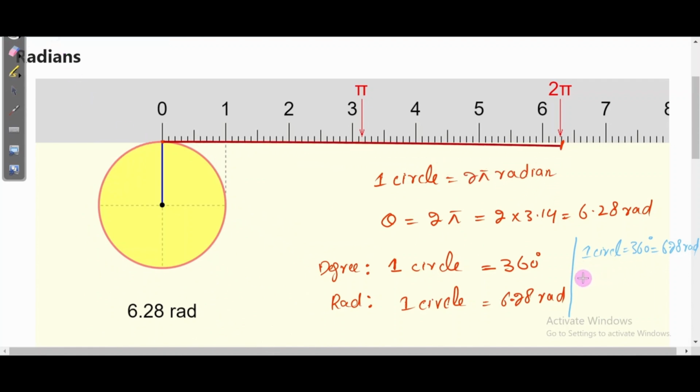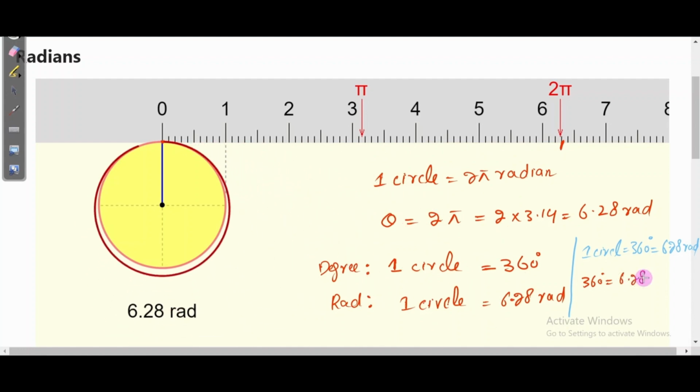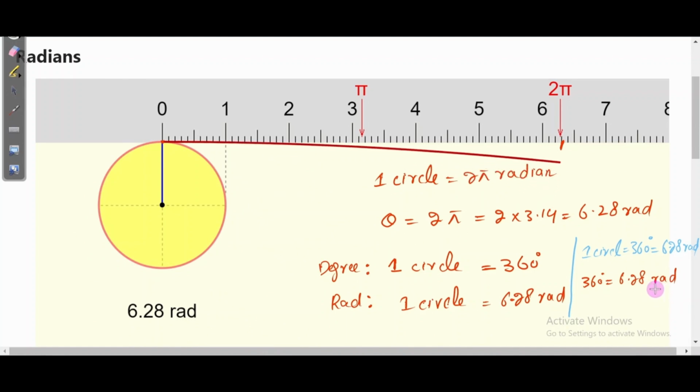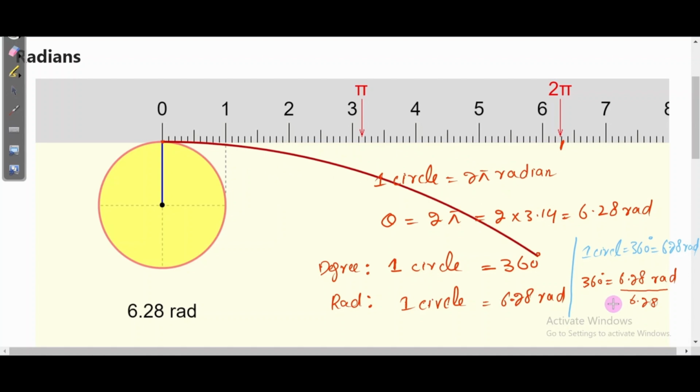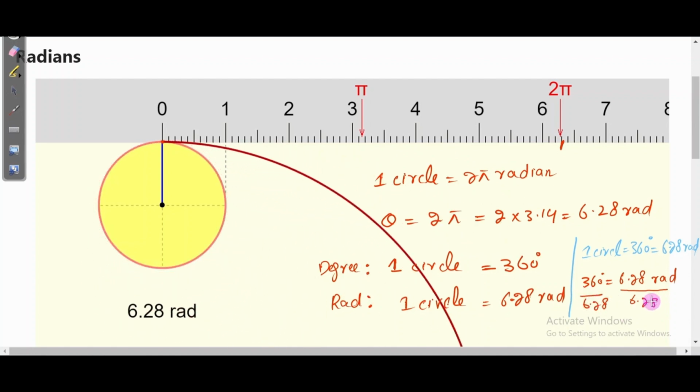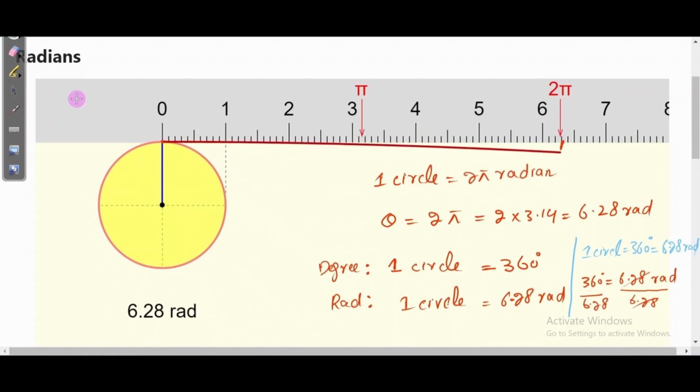Here 360 degree is equal to 6.28 radian. In order to find 1 radian, we will divide this by 6.28, and this 6.28 will cancel with that 6.28, so 1 radian will remain.